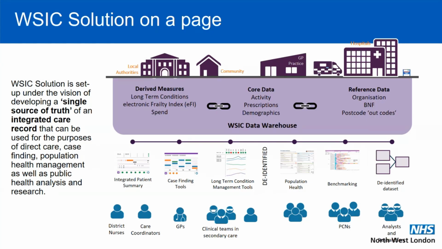We also have case finding tools. So this might be where we use some of those things that we just mentioned, like the EFI, risk segmentation, patient segments, that sort of thing. So we help start to find different groups of patients and look at specific metrics that align with those different types of groups. And finally, we have quite a number of long-term condition specific dashboards.